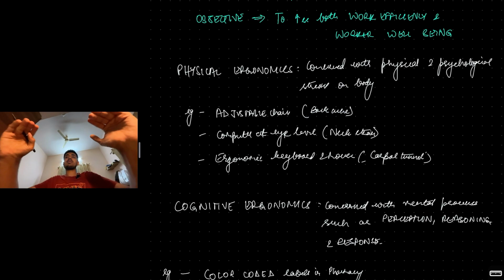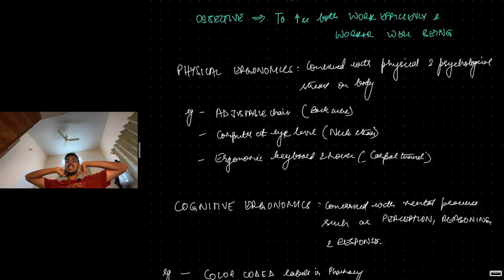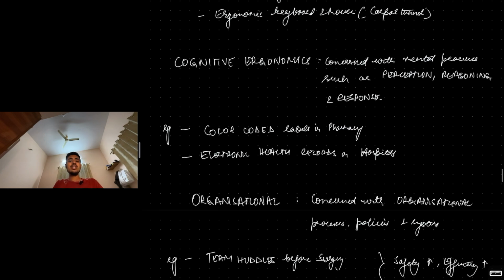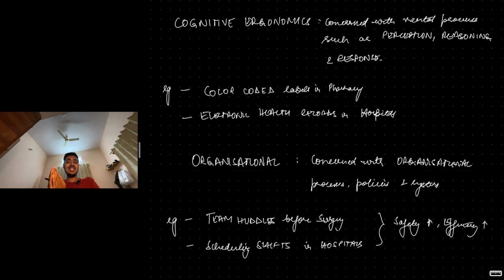Computers placed at eye level so that there's no neck strain. Ergonomic keyboards, ergonomic mouse so that they don't get carpal tunnel syndrome. These are all certain physical ergonomics. Whereas cognitive ergonomics is concerned with mental processes such as perception, understanding, reasoning, and then response. So these are cognitive ergonomics.